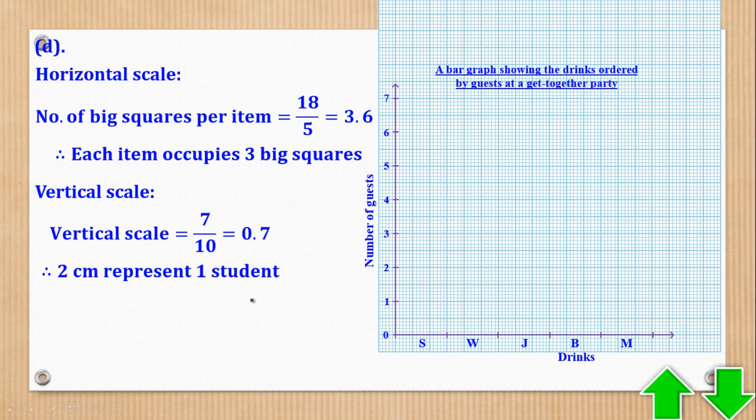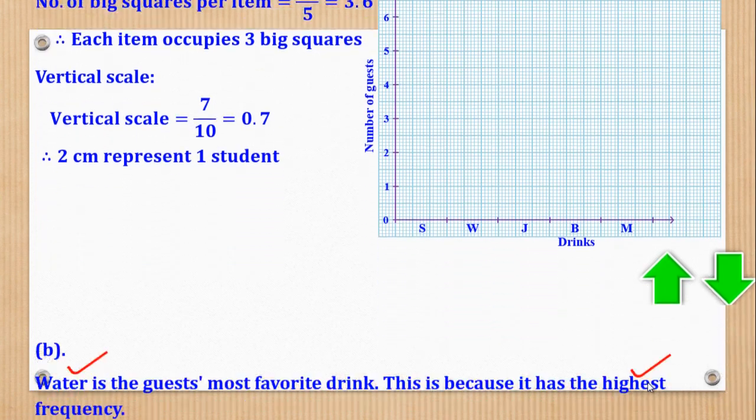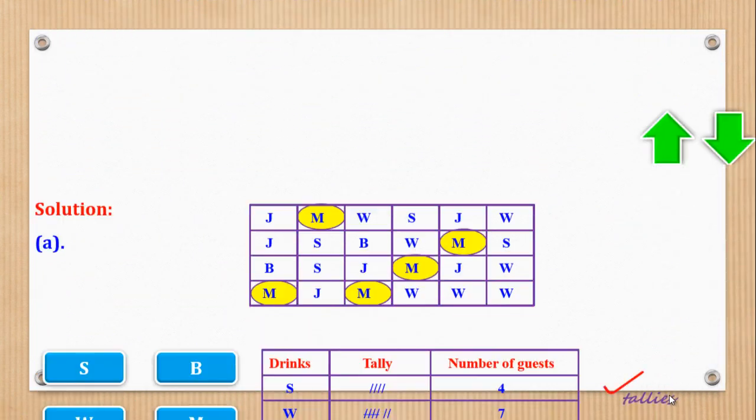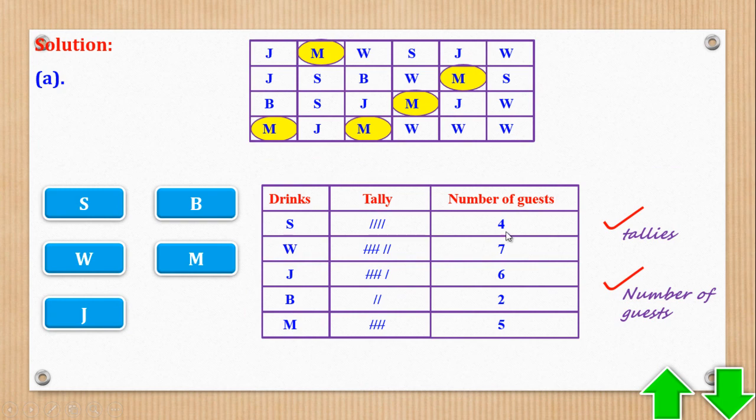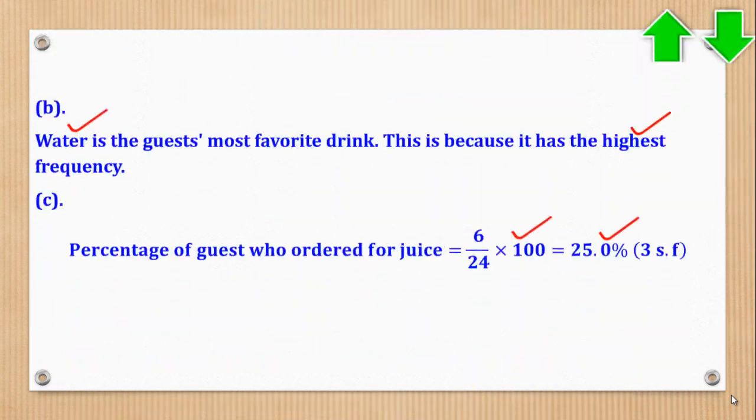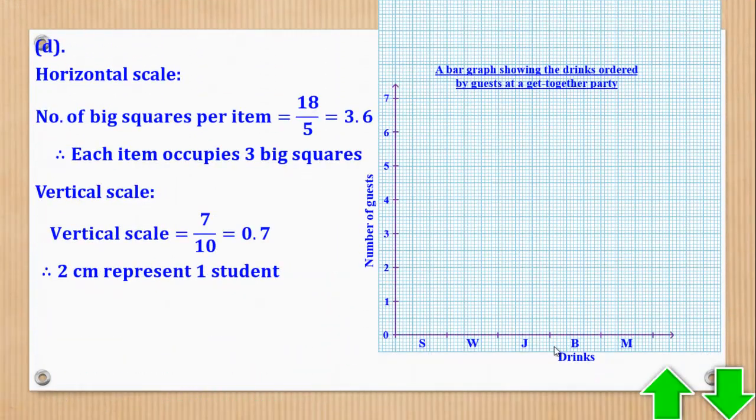Then we can start putting the heights of the bars. Heights here we have 4, 7, 6, 2, 5. Now the rule for a bar graph is that all the bars must have the same width. Then 2, all the spaces between the bars must be the same. So what do we do to draw the bars? Look at this space allocated for each item. The bar must be at the center.